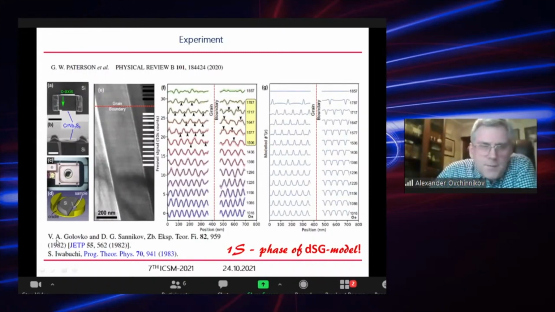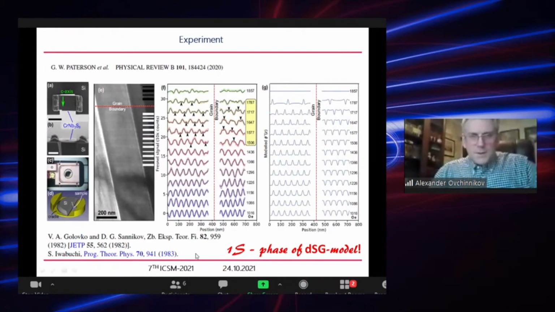And now a short history. This phase was first predicted by the Soviet physicists Golovko and Sannikov from the Moscow Institute of Crystallography in 1982, when they analyzed the double sine-Gordon phases in liquid crystals.